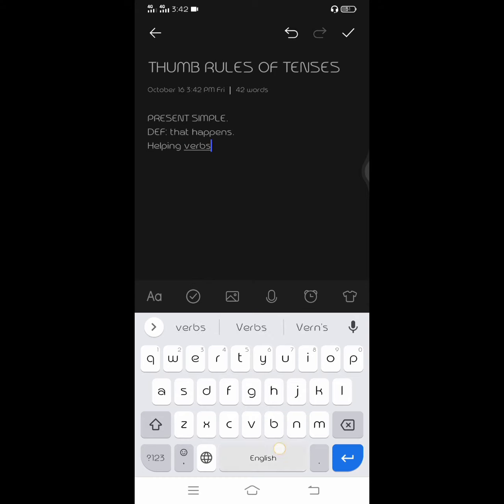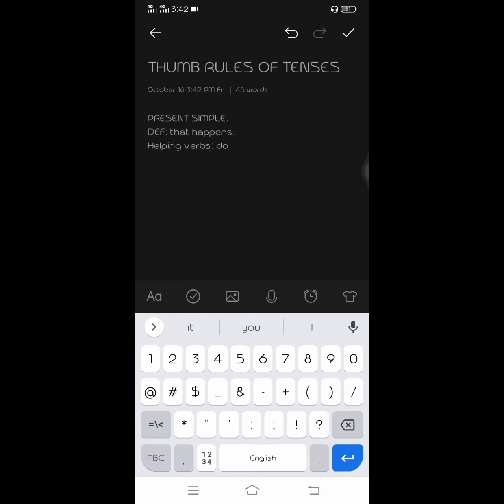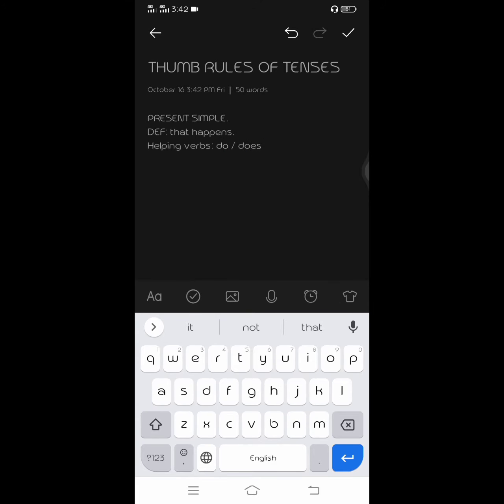What are the helping verbs of this tense? Helping verbs for this tense are do and does, right? So we use do and does when we want to make the negative or interrogative. More, what is the addition that we do with the verb? You must know about pronouns.